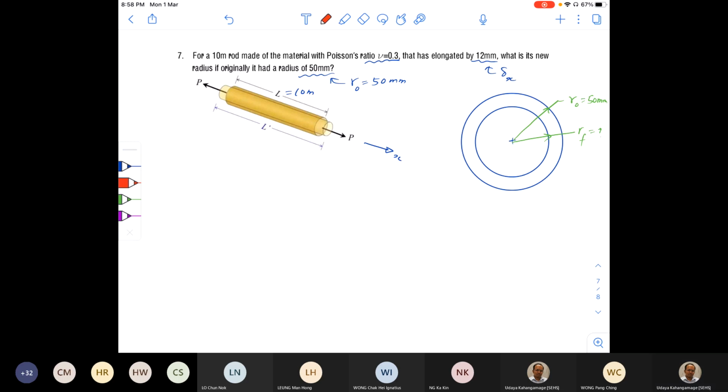This distance here is the reduction in the radius. We'll mark it as delta R, reduction in the radius.